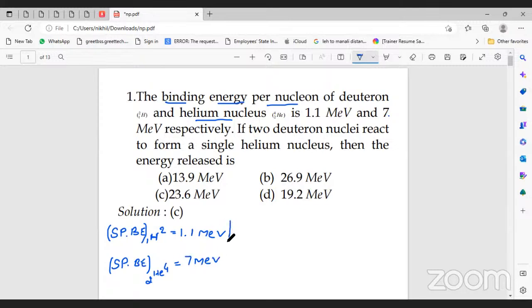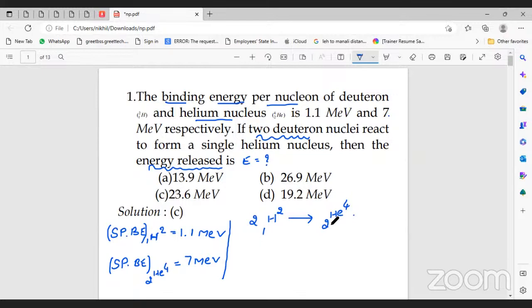Now, they are asking to find the energy released. What is the energy released? They are telling that two deuteron nuclei, 2 times 1H2, react to form a single helium nucleus, that is 2He4.